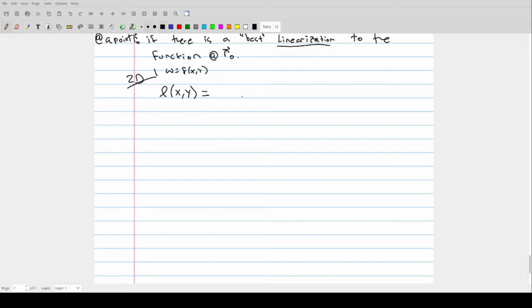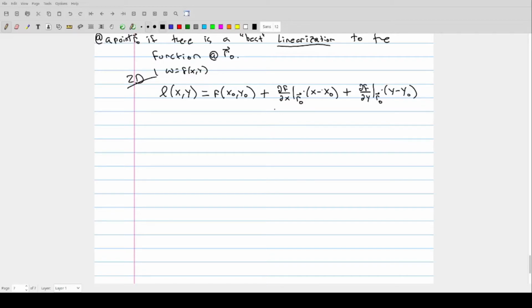L of x y is equal to the value of the function at the point x naught, y naught, or at r naught, plus df dx at r naught times x minus x naught plus df dy at r naught times y minus y naught.